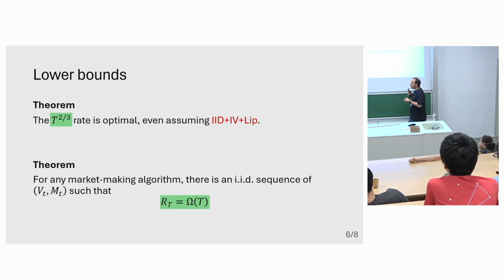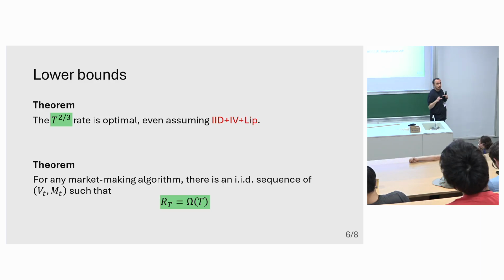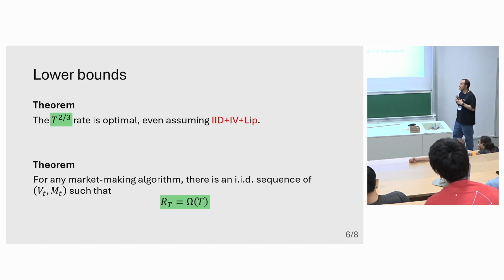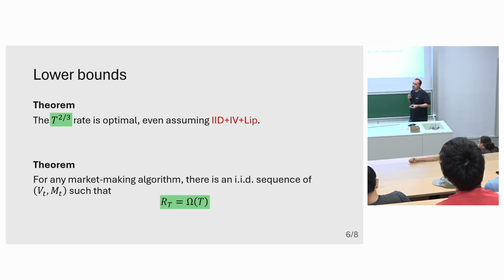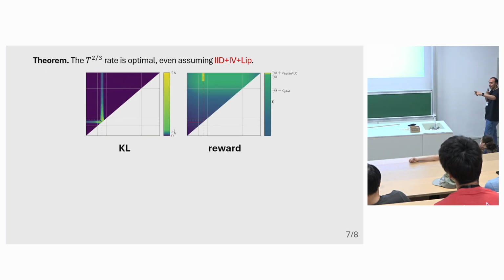And if you try to remove one of these two extra assumptions that I sort of slipped in on the previous slide, well, the problem becomes impossible. So even in the stochastic case, if neither valuations are independent nor the joint distribution is Lipschitz, then you can prove worst-case linear regret bounds. So in a sense, they are necessary, or something else is necessary to learn.